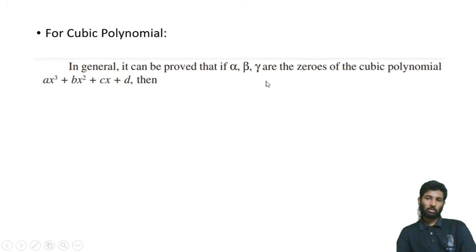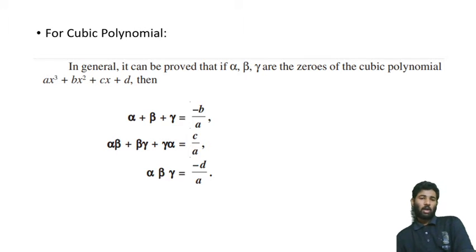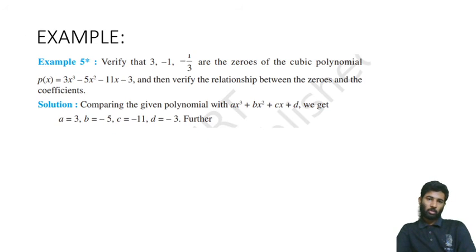The relationship between the zeros and the coefficients is also three-fold. The sum of the zeros is equal to minus b by a, alpha beta plus beta gamma plus gamma alpha is equal to c by a, and the product of the zeros is minus d by a. So this is the concept for cubic polynomials. Let us solve one example based on the cubic polynomial.